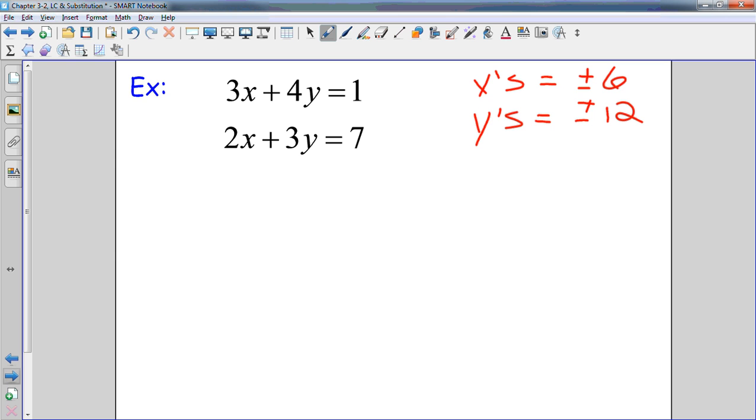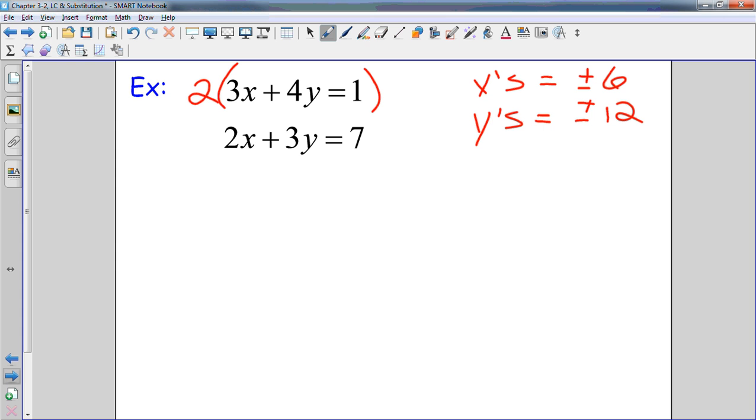I'm going to pick the x's, just because we did the y's last time. So I have to make one equal to positive 6, and I have to make one equal to negative 6. So if I want to make this one equal positive 6, what do I want to multiply to get positive 6? Positive 2. So I'm going to multiply the whole equation by positive 2.